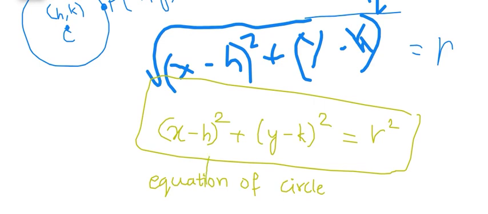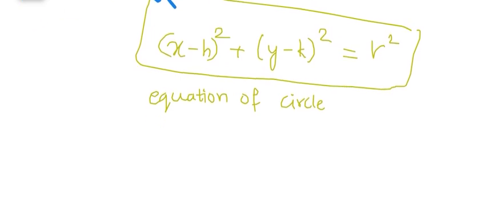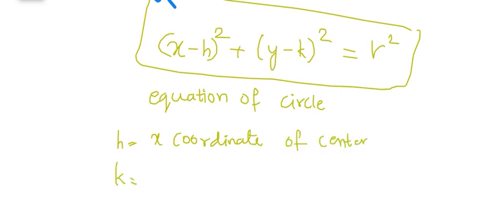So notice one thing. H, K, R, what are these? H and K are the coordinates of the center of the circle. H is equal to the x coordinate of the center, and K is equal to the y coordinate.